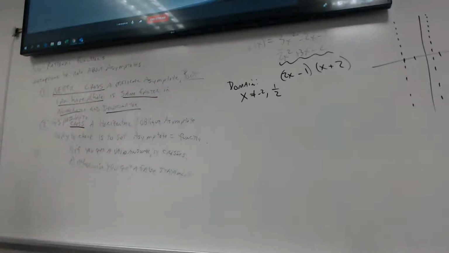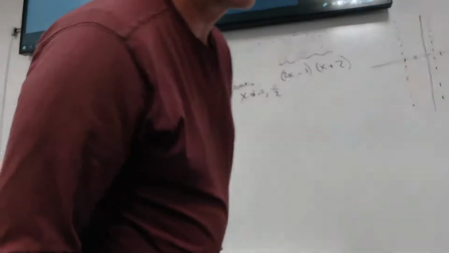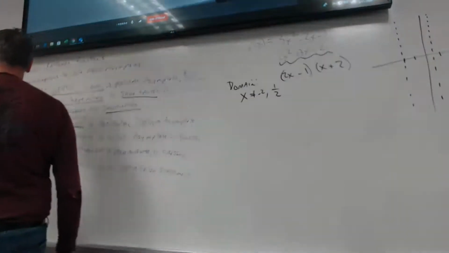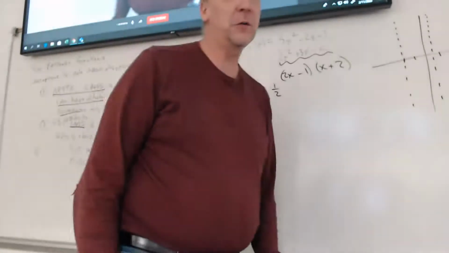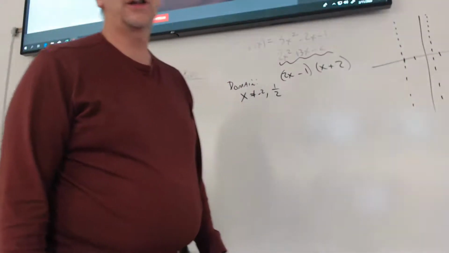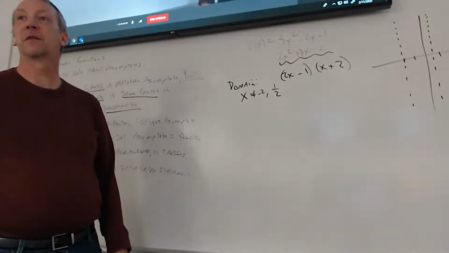So we need to factor our numerator, right? Because we've got to see if one of those factors is the same. Okay? So how do you factor the numerator? It's really hard to see what that is. For those of you who are watching at home, it kind of goes in and out of focus, doesn't it? Doesn't matter. Okay?